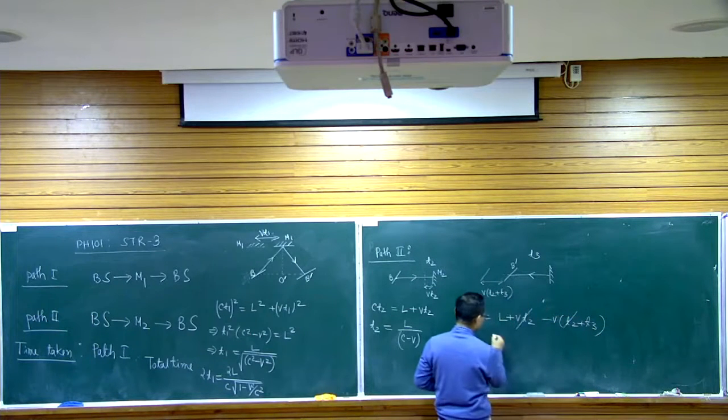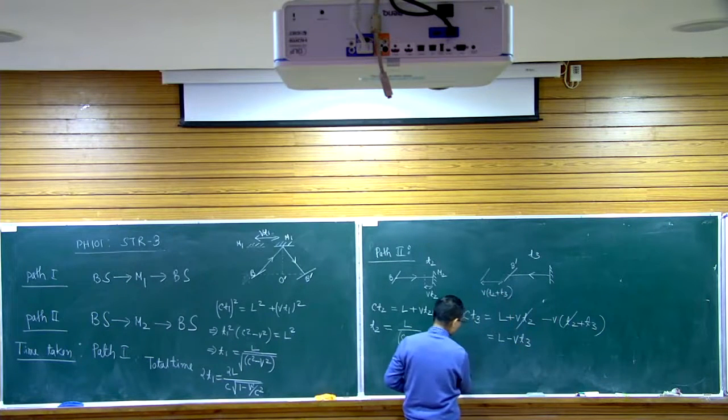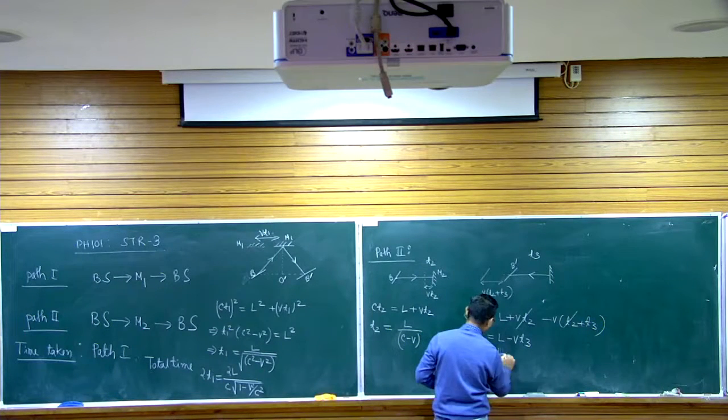VT2 gets cancelled. This gives me L minus VT3. So eventually T3 will be equal to L divided by C plus V.